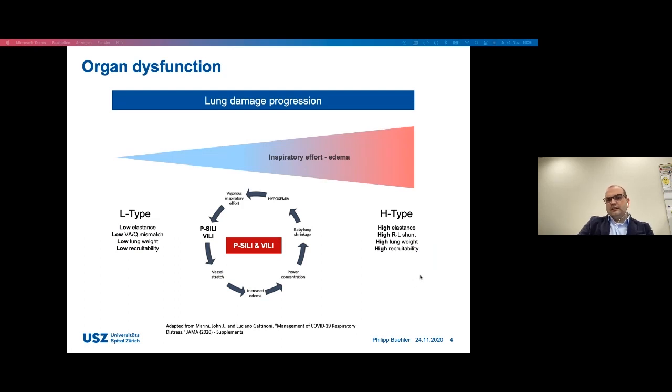Marini and Gattinoni describe in their letters that hypoxemia and subsequent increased inspiratory effort lead to a vicious cycle. You see it here in this cycle.